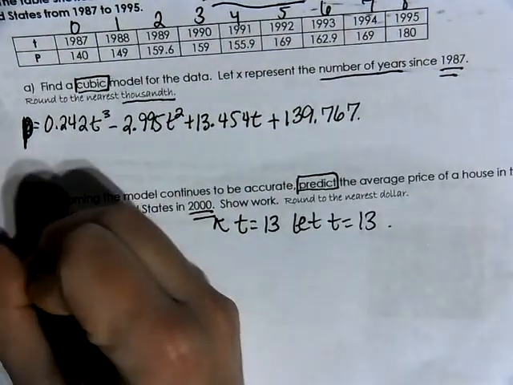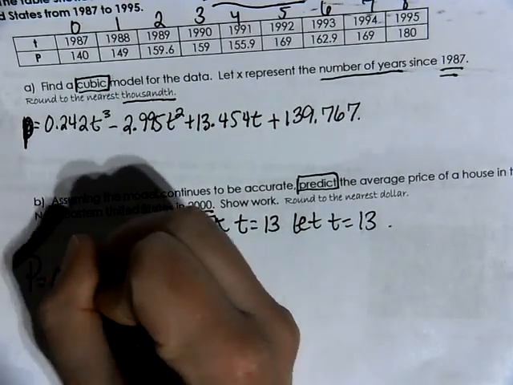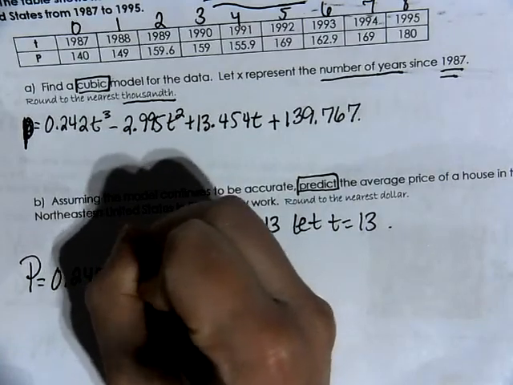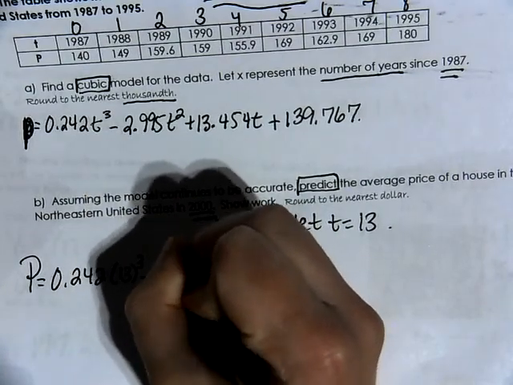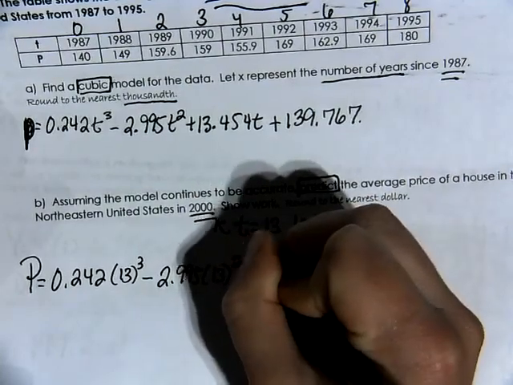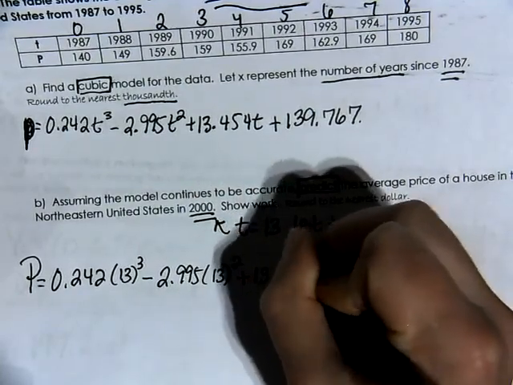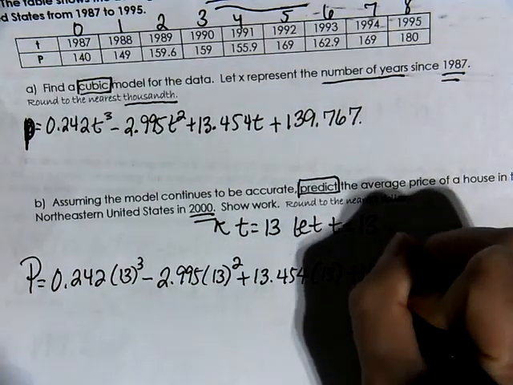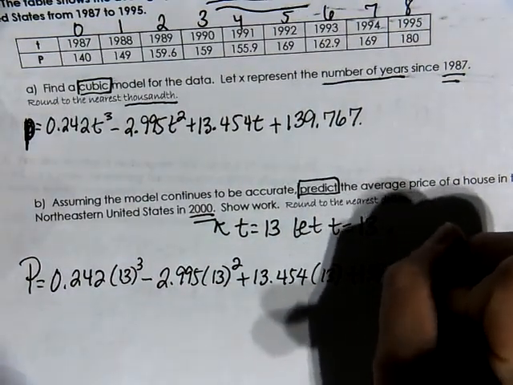So we're going to show that substitution. P equals 0.242 times 13 to the third power minus 2.995 times 13 to the second power plus 13.454 times 13 plus 139.767.